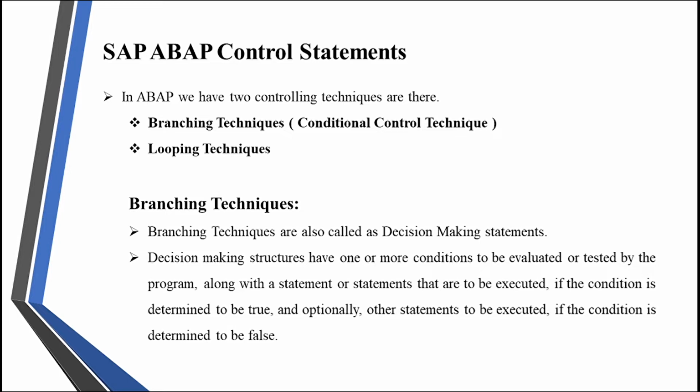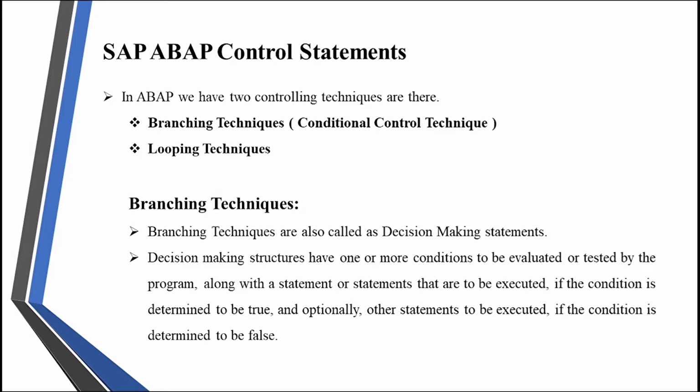Branching techniques mean deciding from where to where we need to go. That means decision making statements based on conditions. We want to execute the true statements or the false statements, so we evaluate those conditions.